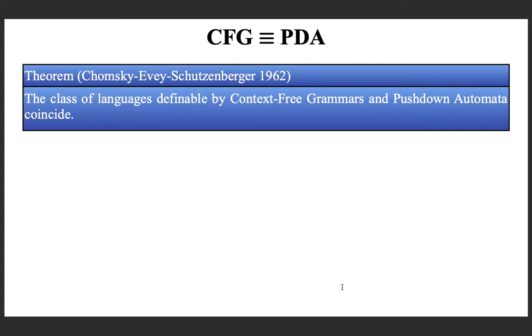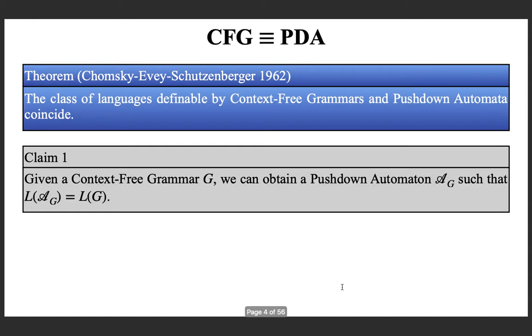This theorem can be proved using two claims. Claim 1: given a context-free grammar G, we can obtain a push-down automaton AG such that the language of AG is the same as the language of G. Yes, given a context-free grammar, we can obtain an equivalent push-down automaton.